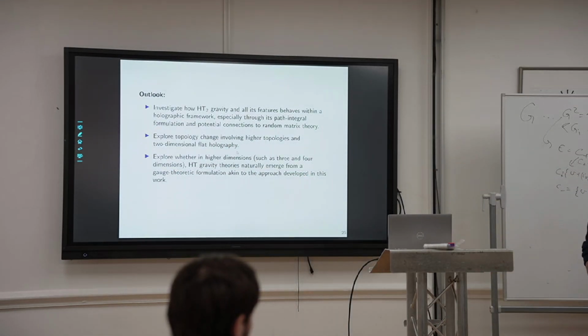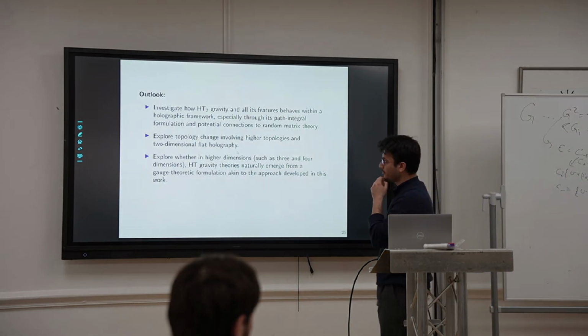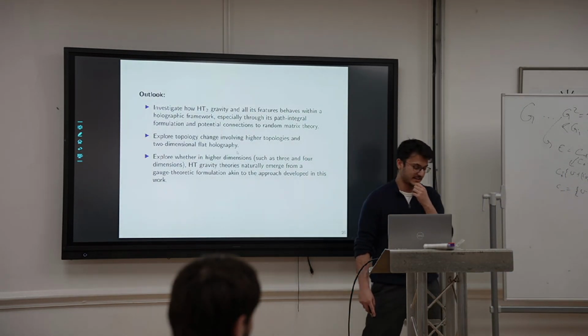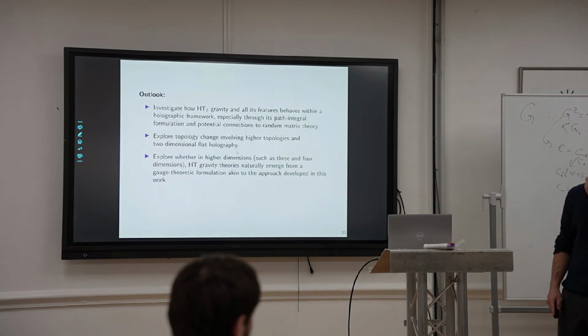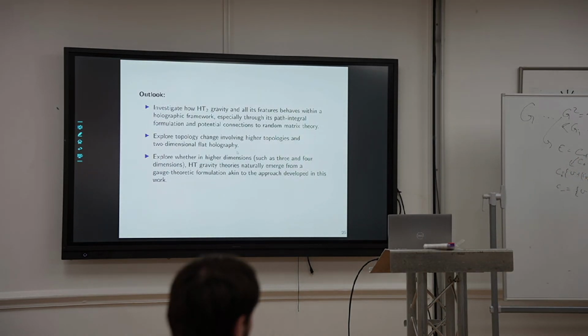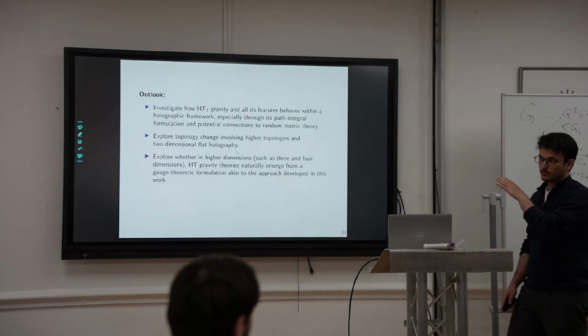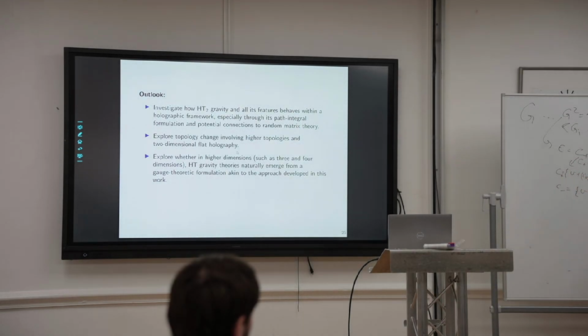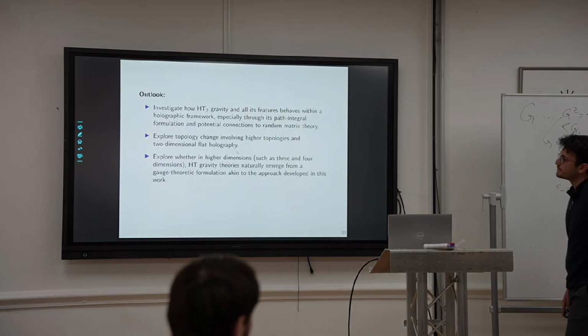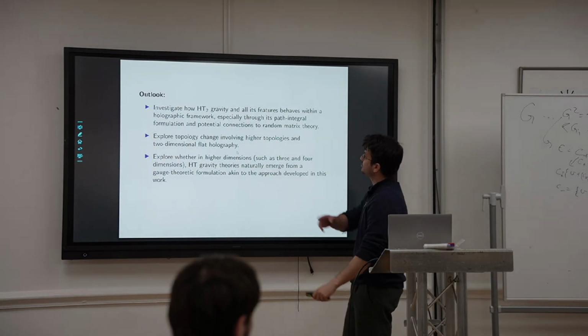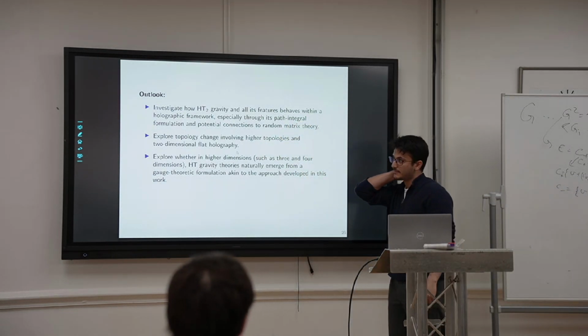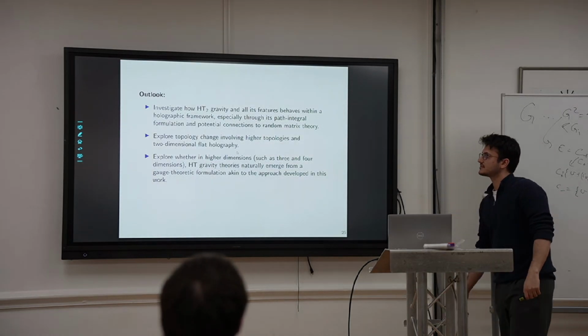So we speculate that HT2 is a sector of the complex SYK, because it also has the right group for that: SL2R cross U1. This is what appears in complex SYK. If you go to low energy, the global symmetry of your boundary theory, this boundary quantum mechanics theory, has this feature.